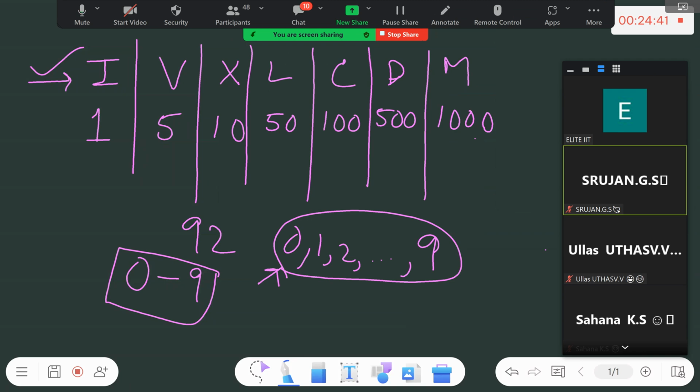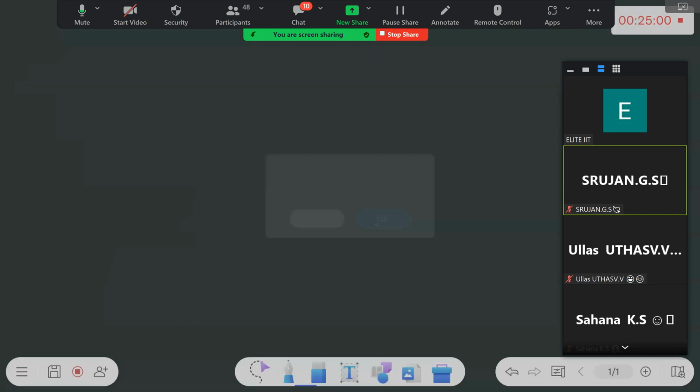Right now, these are your standard digits for writing numbers in the usual form as we write, but likewise these are the standard digits for writing in Roman, isn't it? Now for example, we took the number 92.